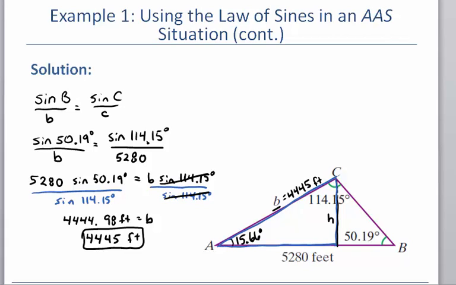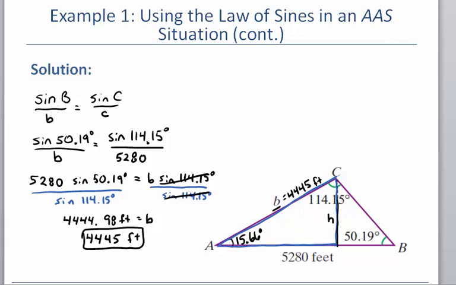So look at what we've got. We're going to use this 15.66 degree angle, and we're looking for the opposite side. And we have the hypotenuse of that triangle. So if we have the opposite and the hypotenuse involved, then it should be a sine problem.